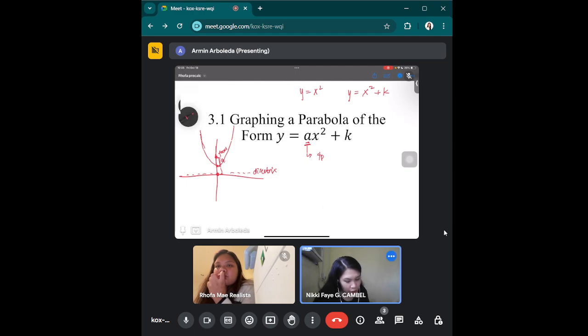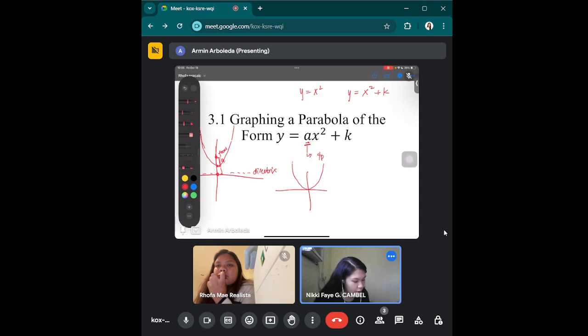And also, yung A natin, it tells us how narrow or wide a parabola should be. Example, some parabolas could be this wide, or some parabolas could be super narrow, like this one. If the A is bigger, the gap is also bigger. And if it's smaller, then it's narrower. So A could also tell us the direction.